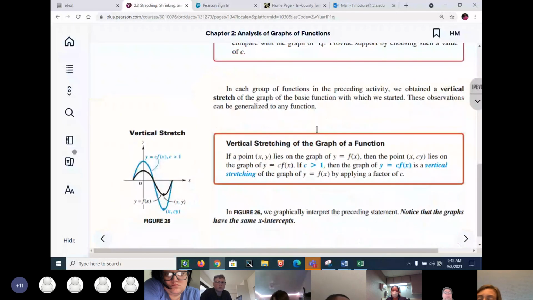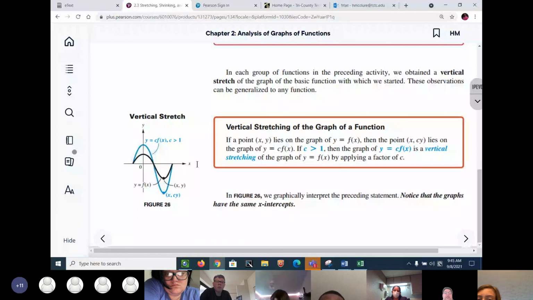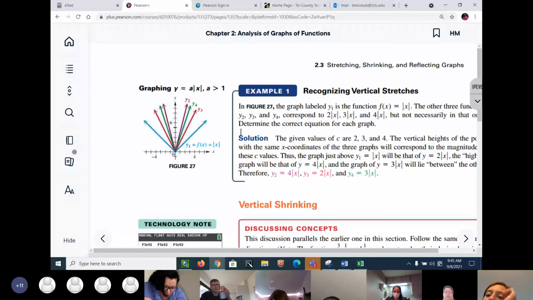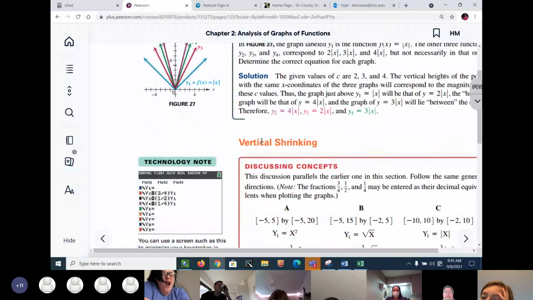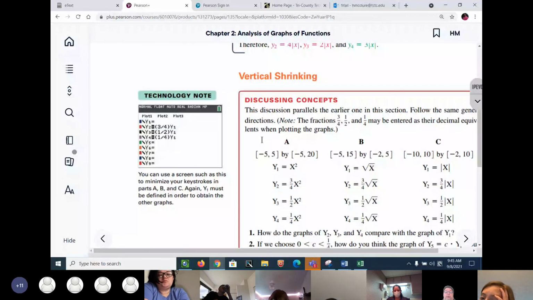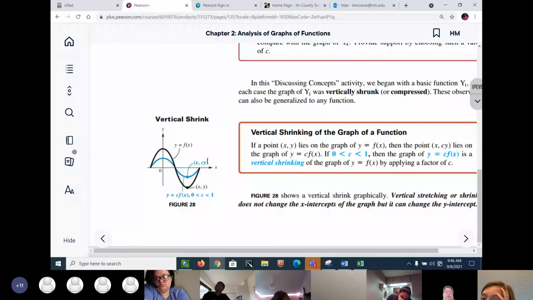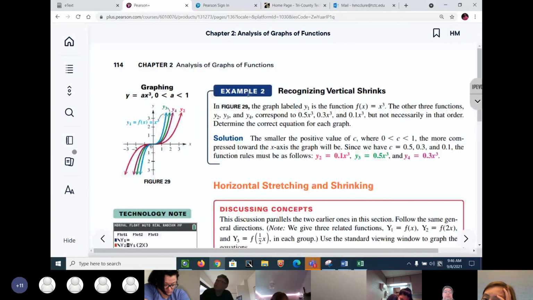And there is compression along the x-axis, which makes it bow up, and stretching along the y-axis makes it thinner. And vertical shrinking, that means stretching, same thing. Compression along the x-axis is equal to stretching along the y-axis.